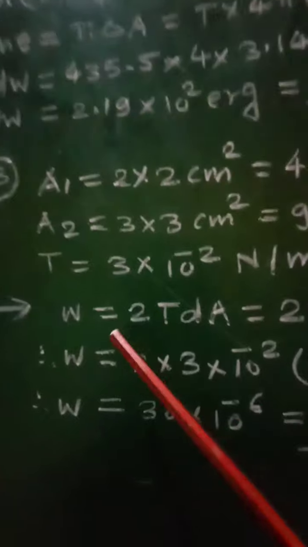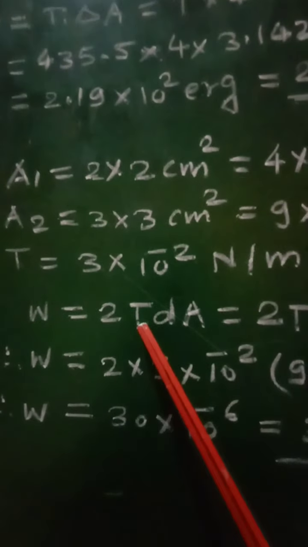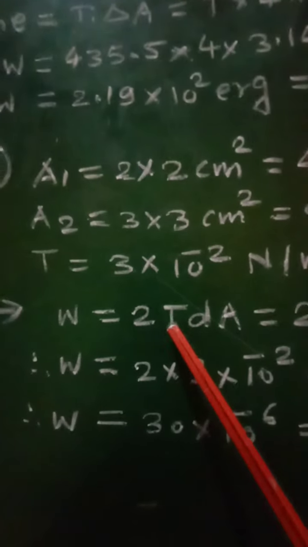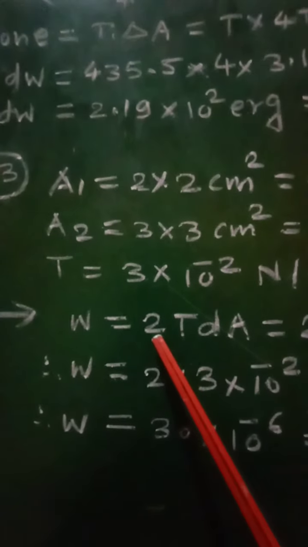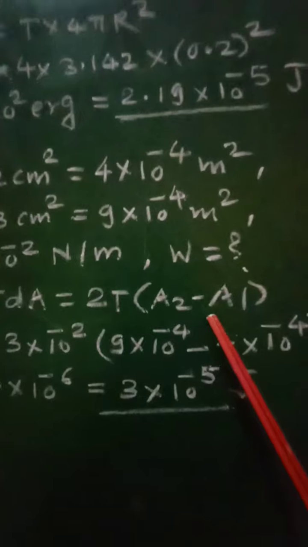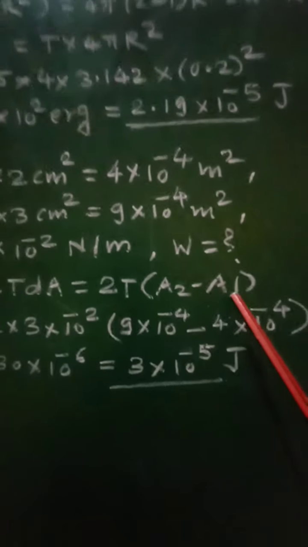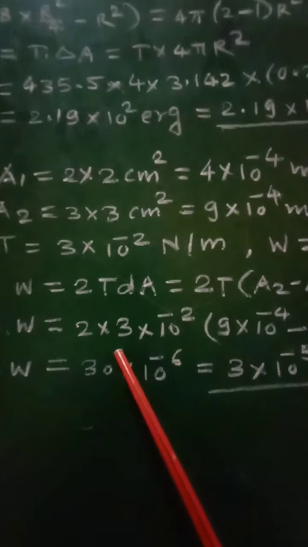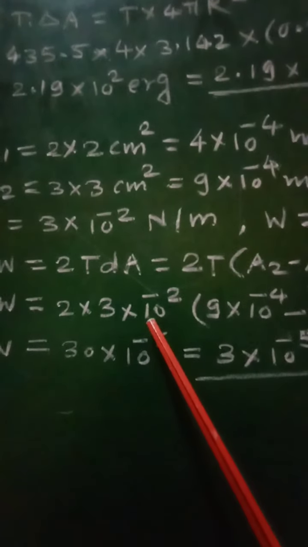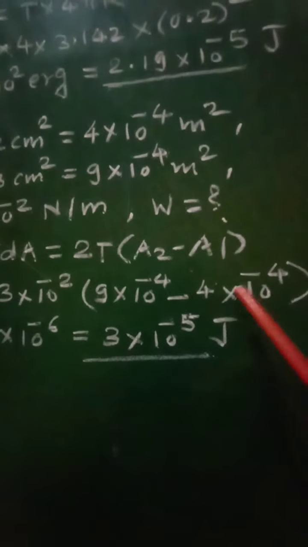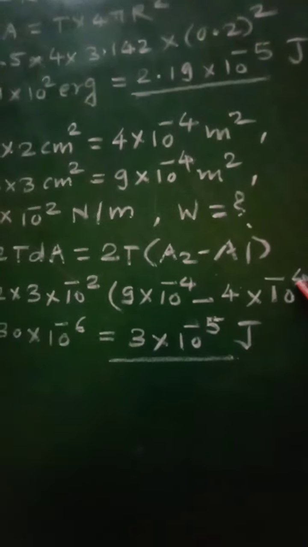The work done W is given as 2T dA. As that film is having two surfaces, therefore this factor 2 will be there, and therefore W is equal to 2T dA. That will be equal to 2T into A2 minus A1, and therefore W is equal to 2 into 3 into 10 raised to minus 2 into 9 into 10 raised to minus 4 minus 4 into 10 raised to minus 4.